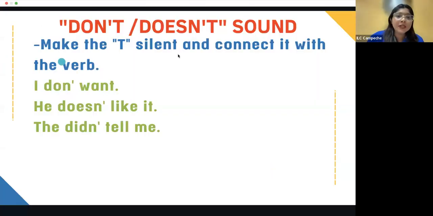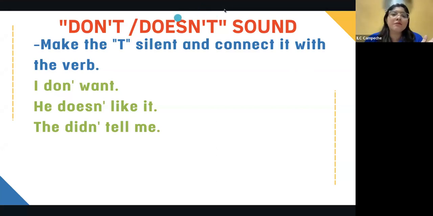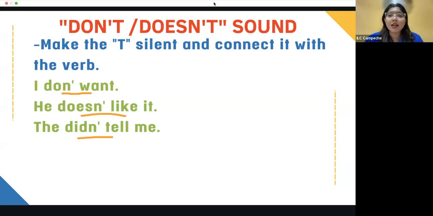And what I wrote here is that if you are speaking in negative form, try to not pronounce the T, because that will make it sound with more fluency, like I don't want, he doesn't like, they didn't tell me. You can omit the letter T, it's not obligatory, all right? So Z, remember, don't, doesn't, does.